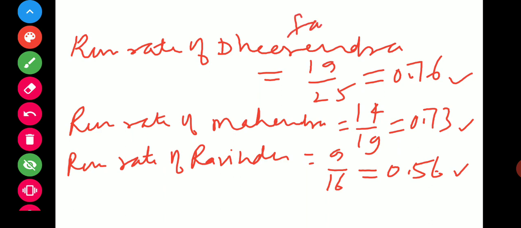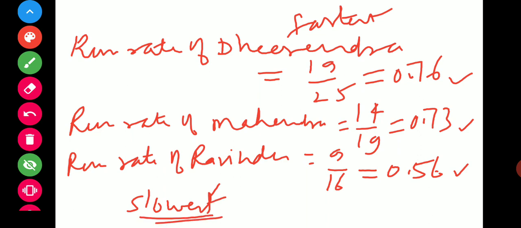And slowest is Ravindra. So your answer is fastest is Dhirendra and the slowest is Ravindra. So you can write the answers.